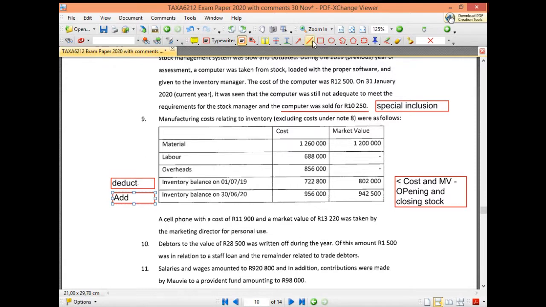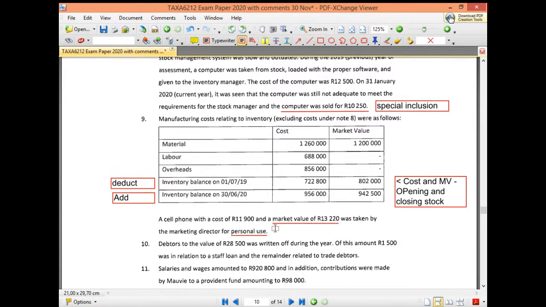Then we tell you a cell phone with a cost of $11,900 and a market value of $13,220 was taken by the marketing director for personal use. Okay, so as soon as it is for personal use, it is a deemed donation. Because it's not to a PBO, we recoup that amount at the market value.